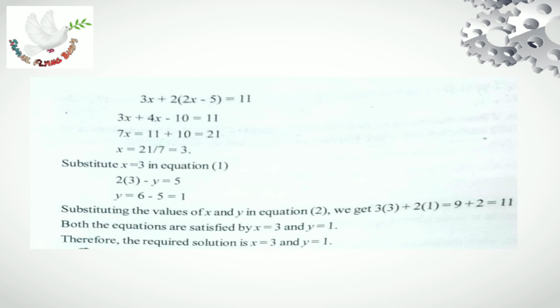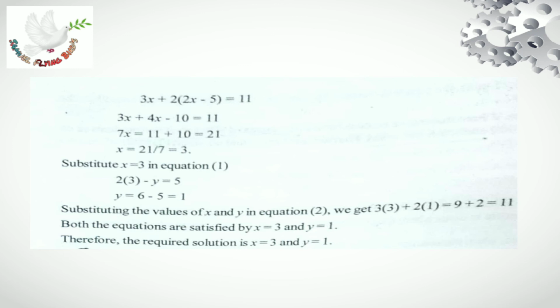By substituting this x equal to 3 in equation 1, we get 2 into 3 minus y equal to 5. Y equal to 6 minus 5 equal to 1. Substituting the values of x and y in equation 2, we get 3 into 3 plus 2 into 1 equal to 9 plus 2 equal to 11.